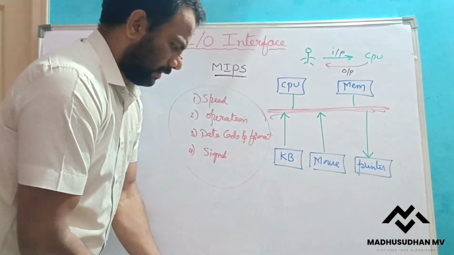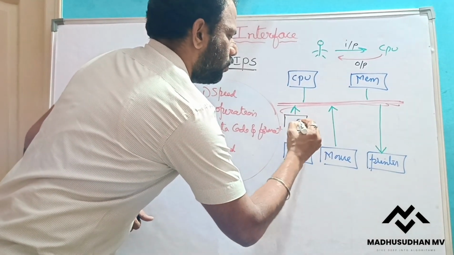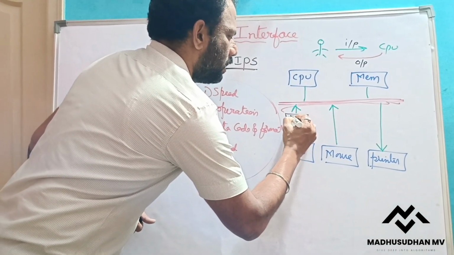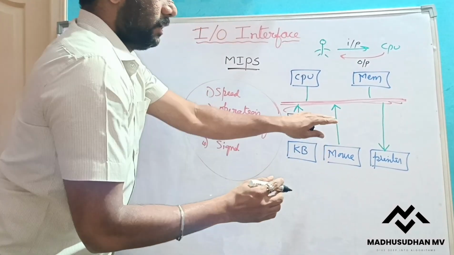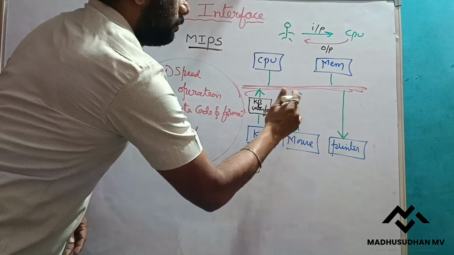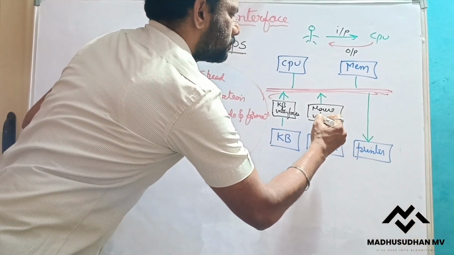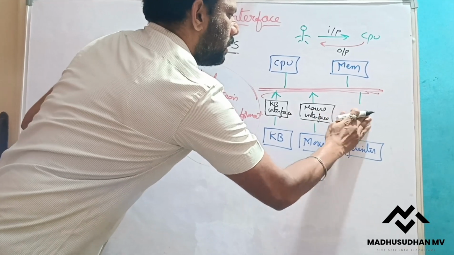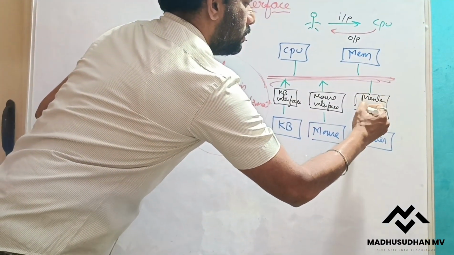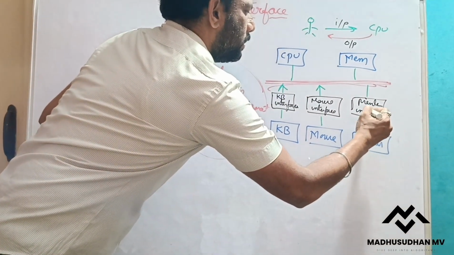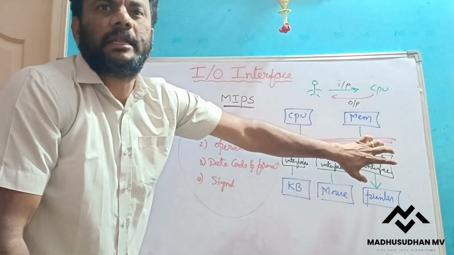Here I have the keyboard interface, this is my mouse interface, and similarly here I have the printer interface. For every IO device, we have its own interface.